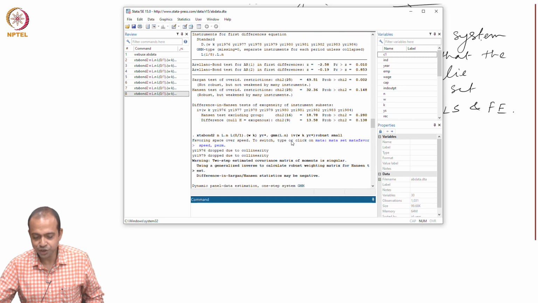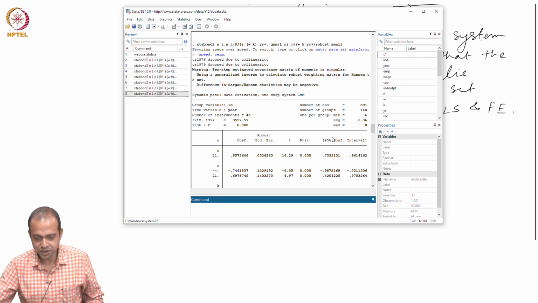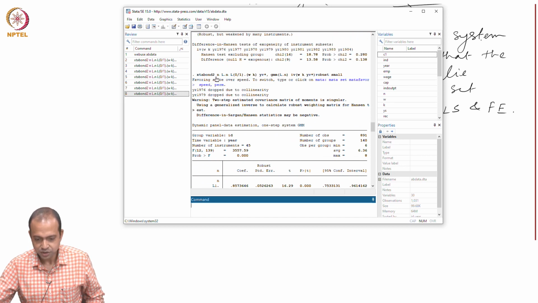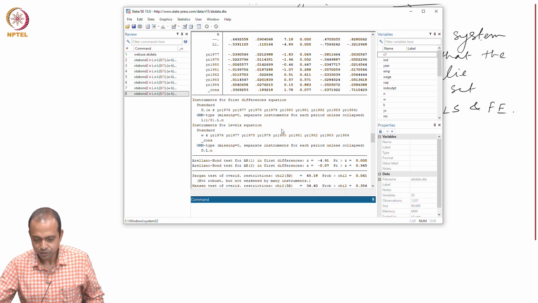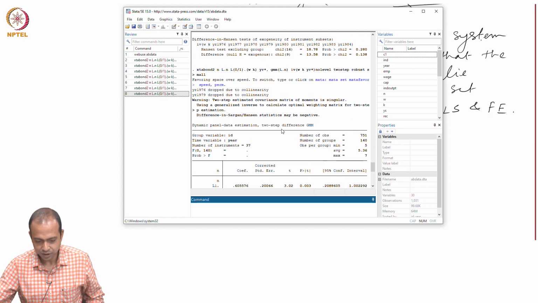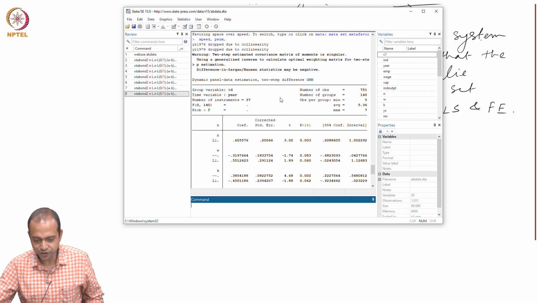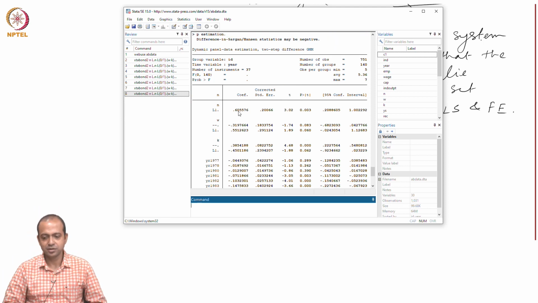Then we estimated GMM again one step, but with robust command. Sorry, this is a one step system GMM again. Lastly, two step difference GMM, the value is not within the interval, right.